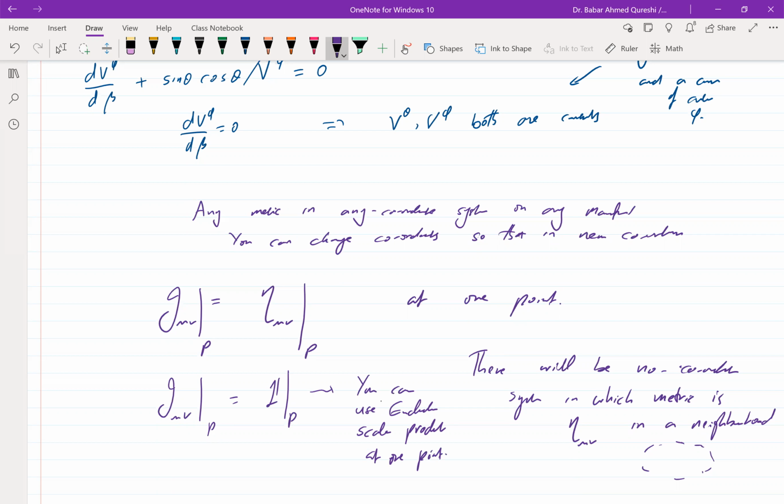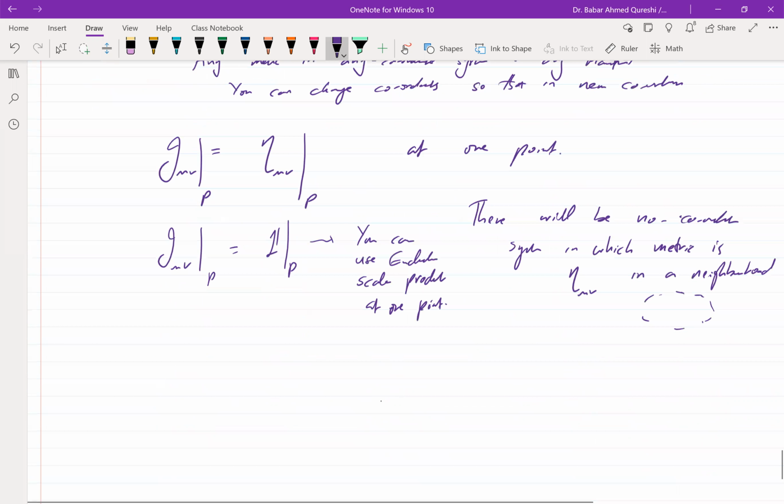Well, you can do it at any point. You can pick out the basis so that at any point you can use the Euclidean scalar product. But the point is that this will not be the basis vectors of any coordinate system. You will be able to find a coordinate system so that it happens at one point, but it won't be happening at nearby points.